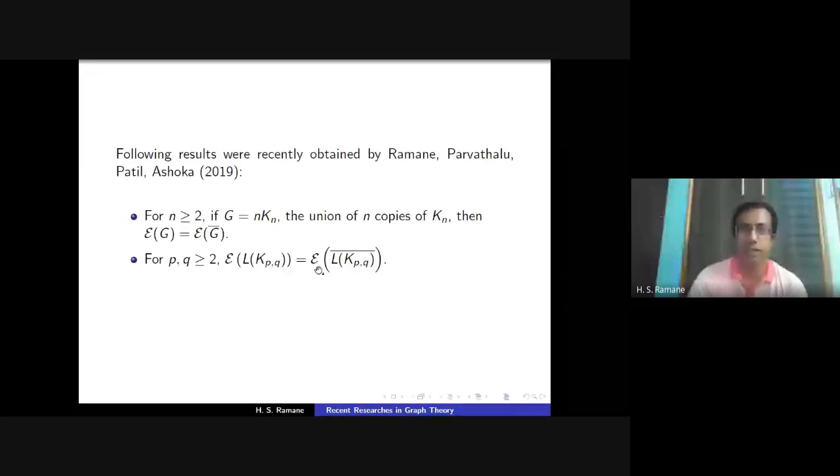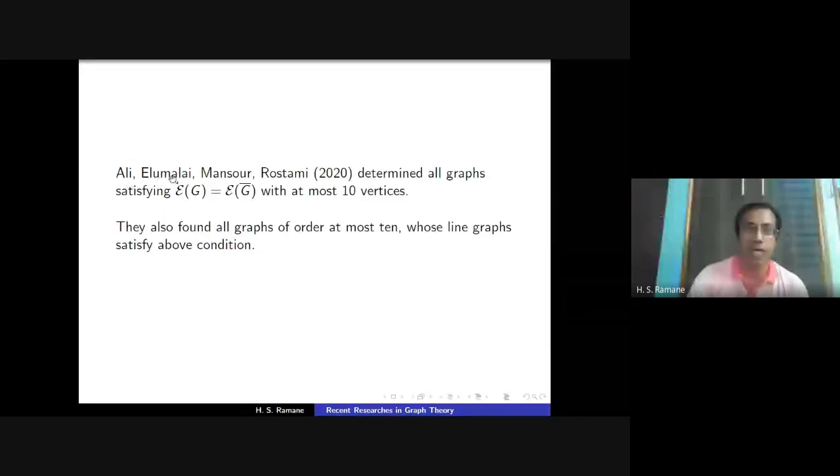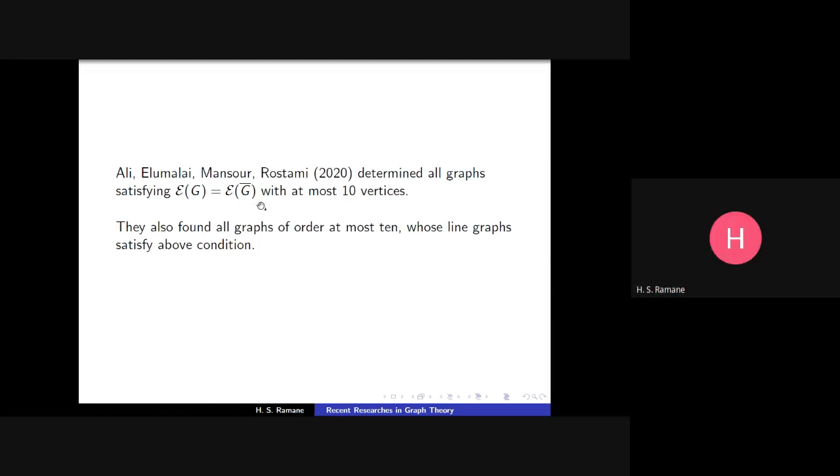Then recently, Ali, Alumni, Mansoor and Rustoni, in a recent paper in 2020, determined all graphs satisfying energy of G equal to energy of G bar with at most 10 vertices. Up to 10 vertices, they found which graphs satisfy this property. Further, they obtained, up to 10 points, those whose line graphs also satisfy this condition, that is energy of L(G) equal to energy of L(G bar).